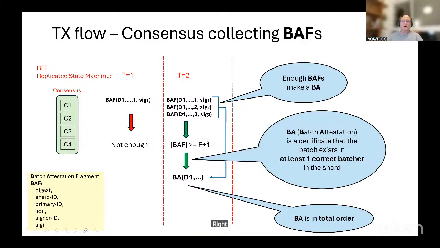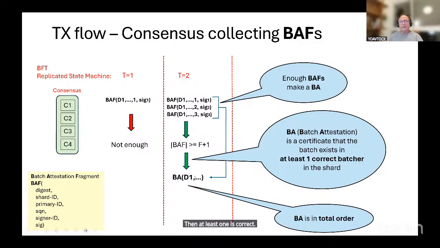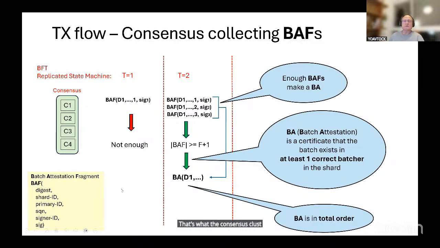Right? If there are F plus 1 attestations like that, fragments, and they are all the same, then at least one is correct. And then the state machine decides that this batch attestation deserves to be included in the total order. That's what the consensus cluster does.